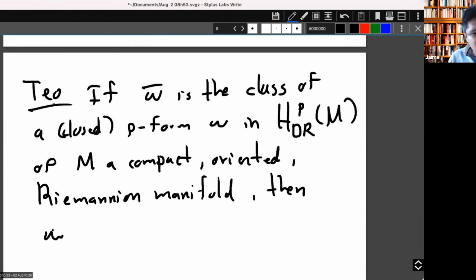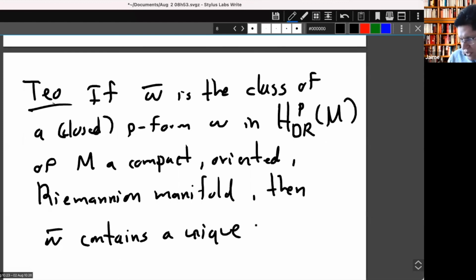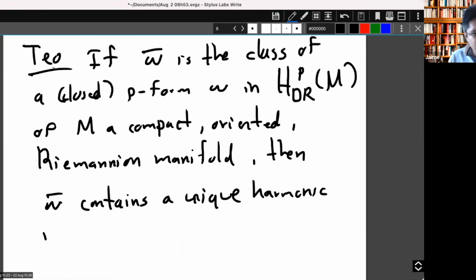then this class of omega contains a unique harmonic representative, which is very interesting.